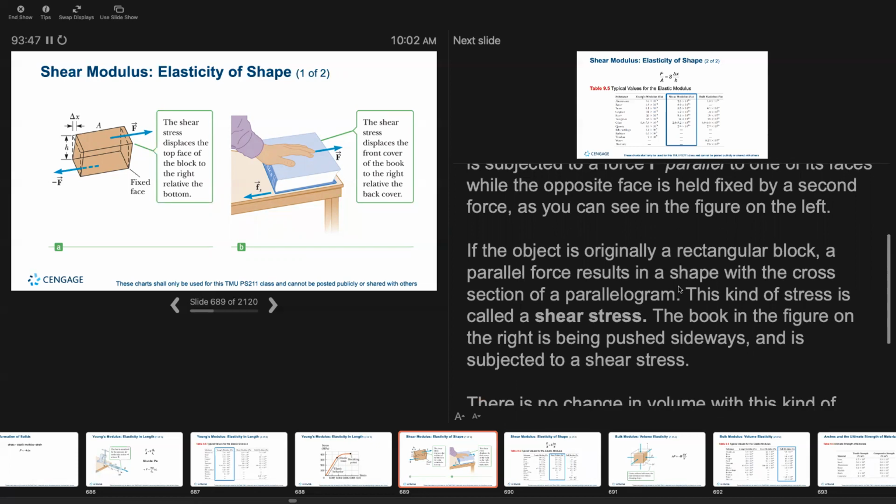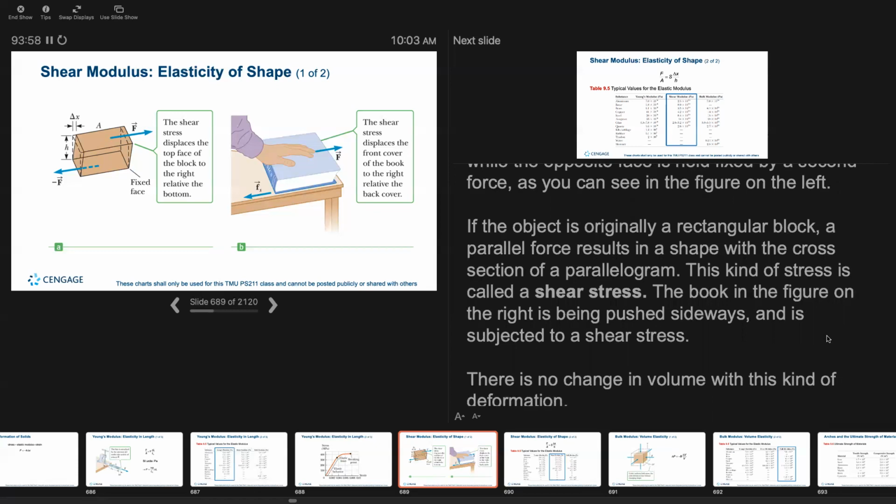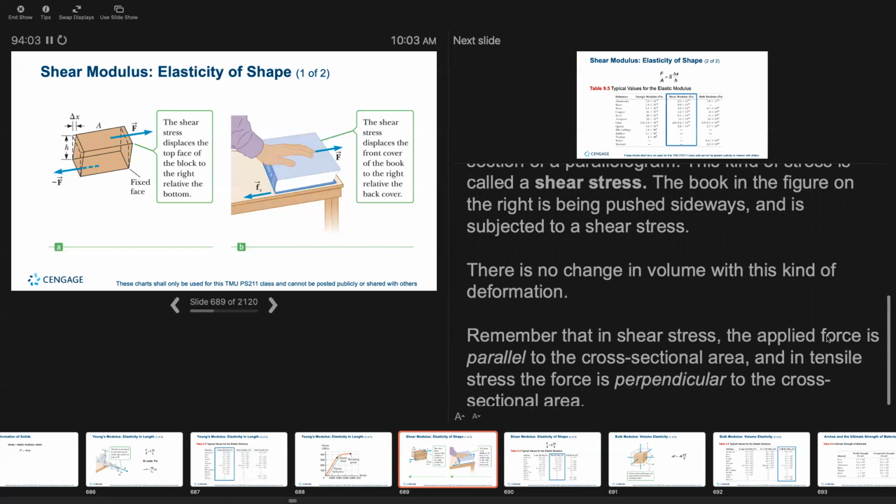If the object is originally a rectangular block, the parallel force results in a shape with the cross section of a parallelogram. This kind of stress is called a shear stress. The book in the figure on the right is being pushed sideways and is subject to a shear stress. There's no change in volume with this kind of deformation.